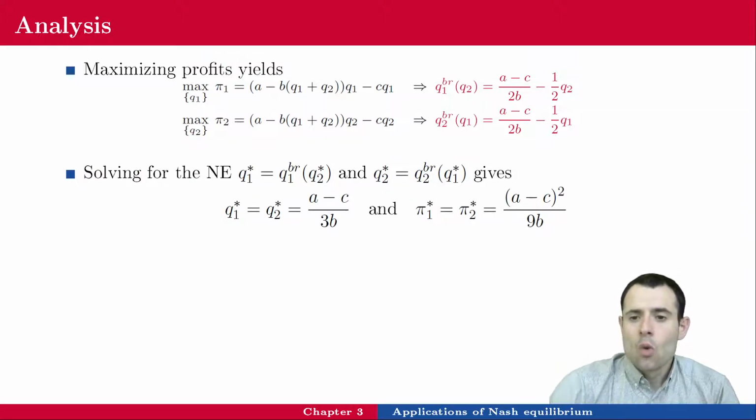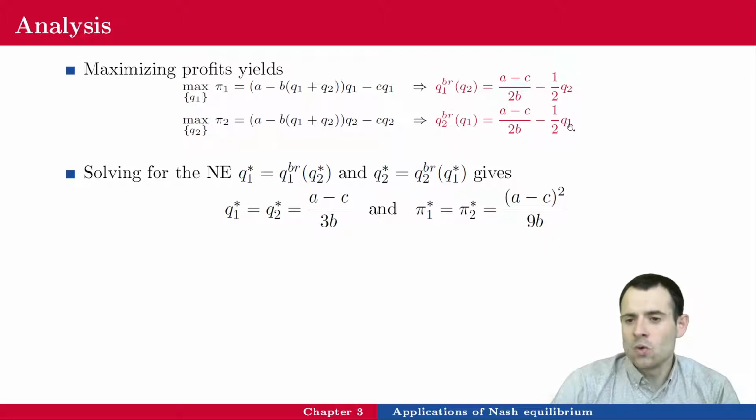Now, we have our two best response functions. We want to know the point where both best response functions apply or are satisfied. So, if in equation 2 here, you replace Q1 by the best response of firm 1, then you are including the best response of firm 1 into the best response of firm 2.